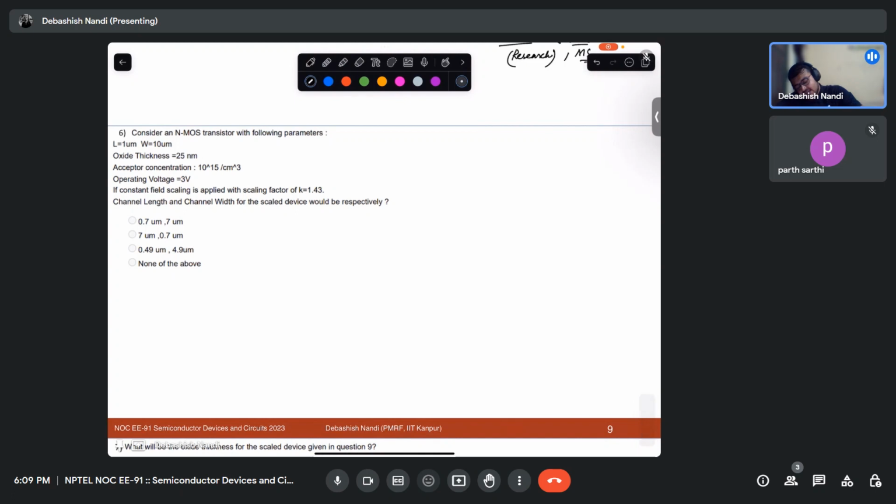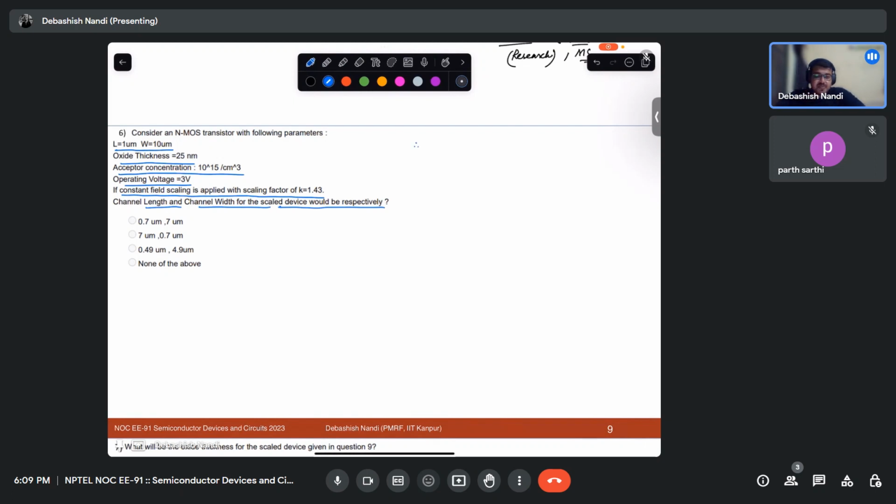It is mentioned: consider a transistor with the following parameters: oxide thickness this, acceptor concentration this, operating voltage this. If constant field scaling is applied with the scaling factor of this, channel length and channel width for the scaled device would be respectively.